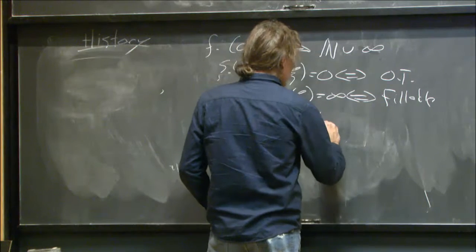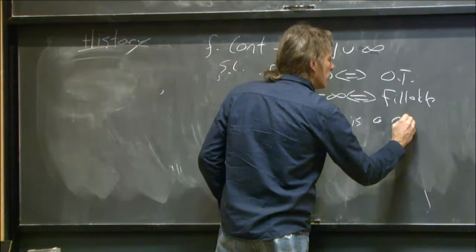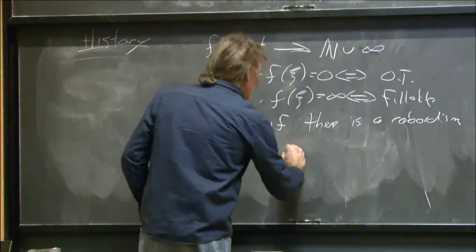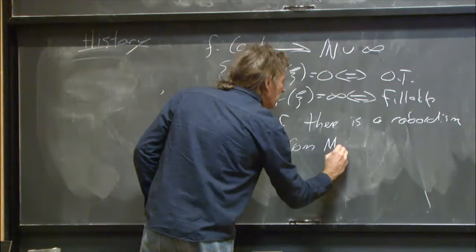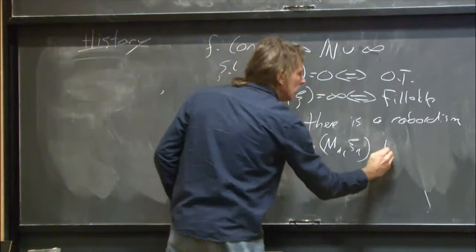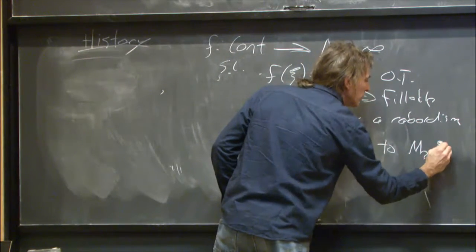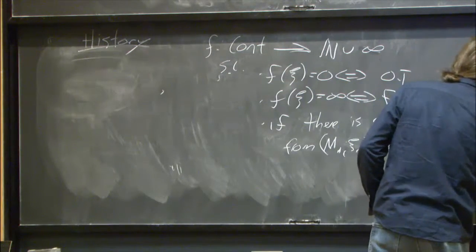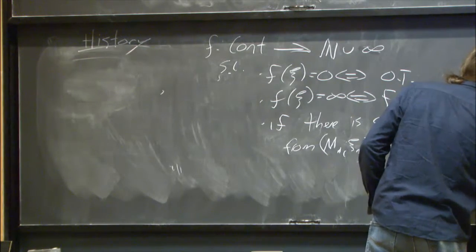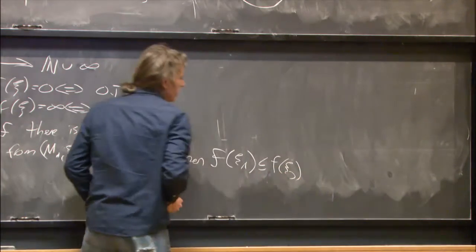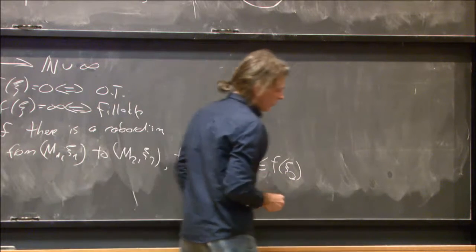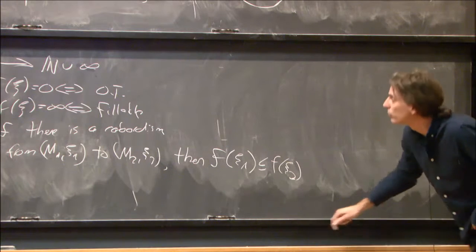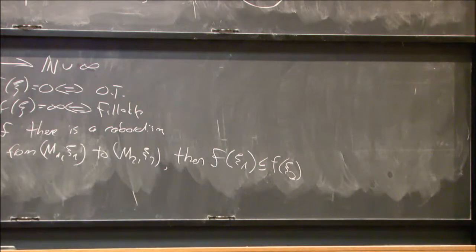So if there is a cobordism, again, with whatever geometry on it, from M1, C1 to M2, C2, then you would like, ideally, f of C1 to be less than or equal to f of C2. Okay. So this is sort of your full wish list that one would love to have. And there are some partial results to this, or partial answers to this.